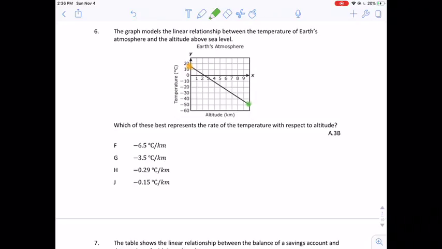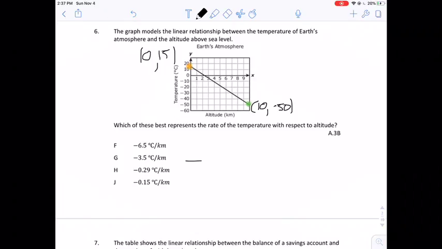For my first point, I'm going to get my coordinates, and my first point has an x of 0 and a y of 15. My second point is going to have an x of 10 and a y of -50.